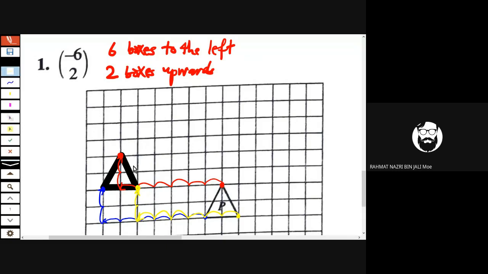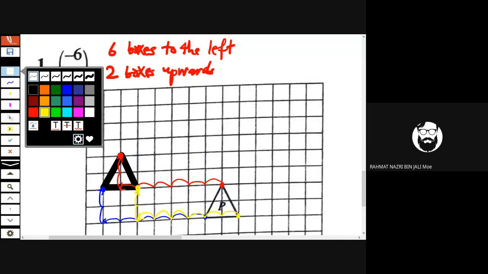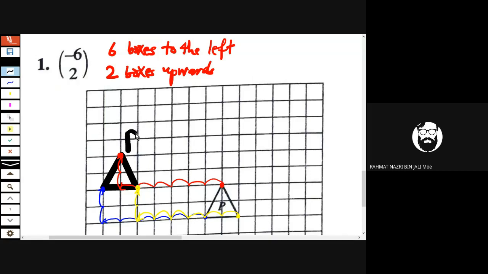Kemudian kita label ini dengan P prime. Warna hitam. P prime. Siap.